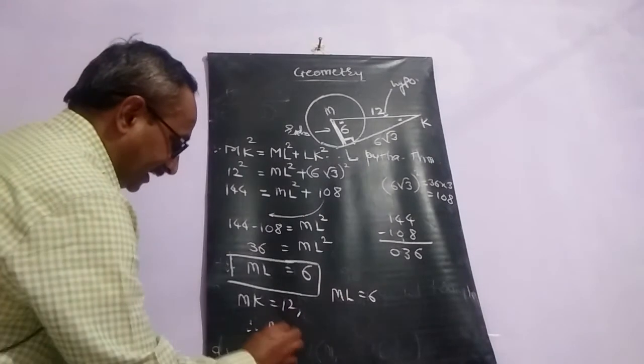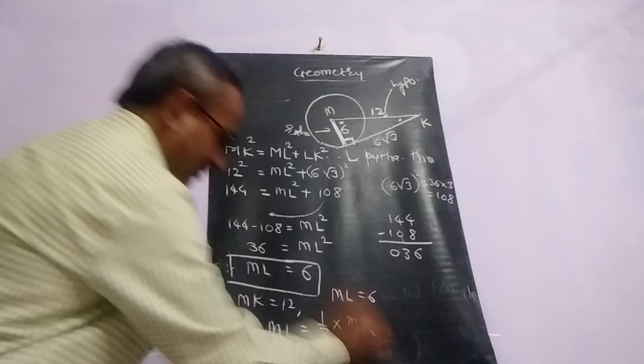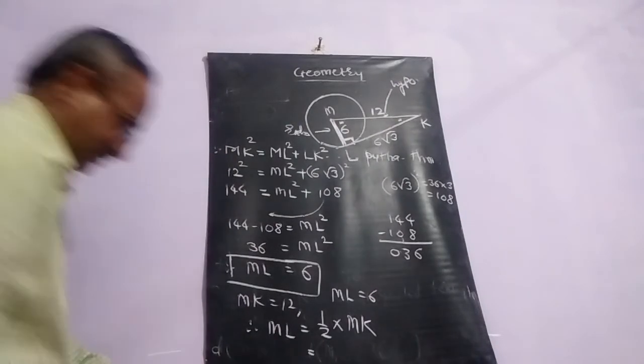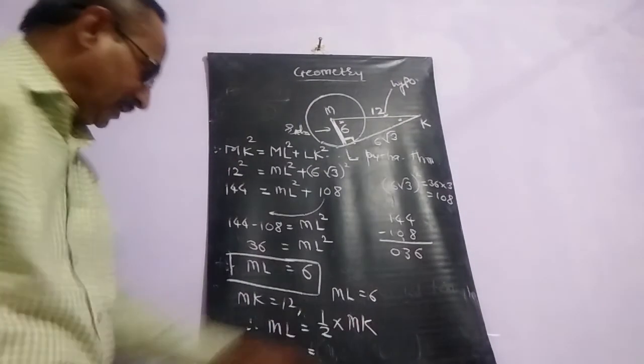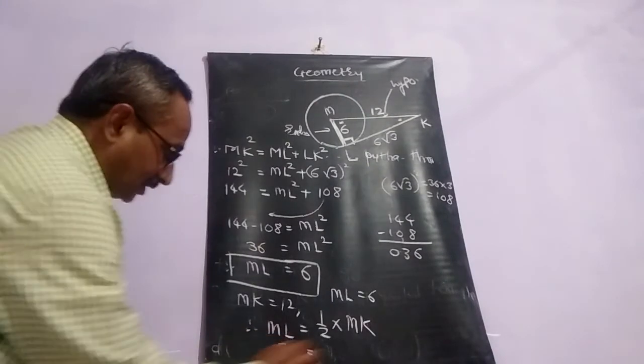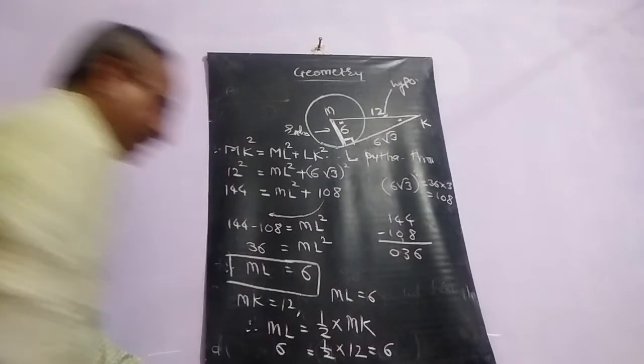So I can write ML is equal to 1/2 into hypotenuse. ML is equal to 1/2 into MK. Put the values here. ML is equal to 1/2 into 12, so this comes again 6.